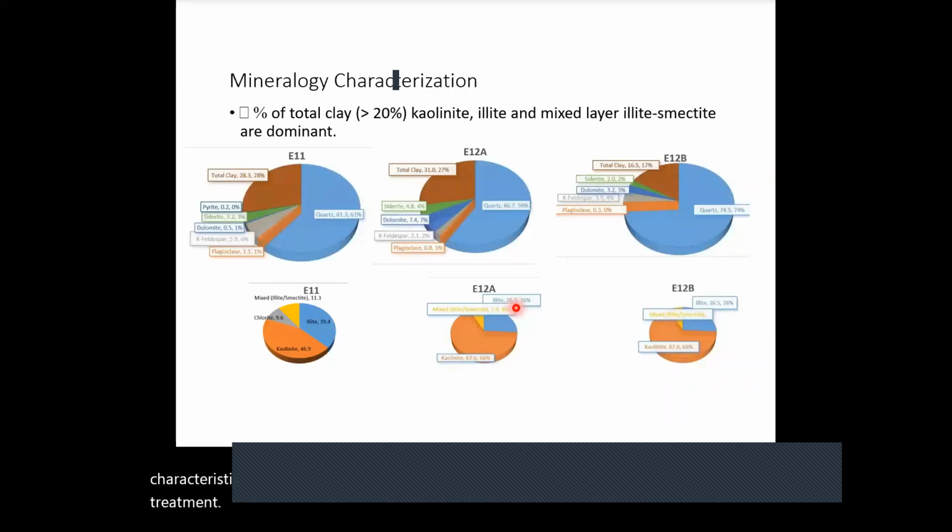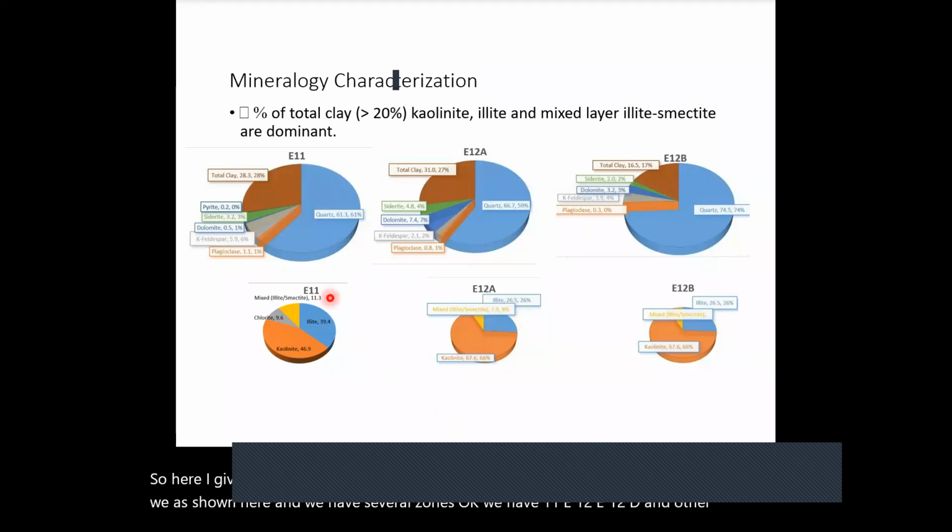Okay, so here I'm showing you the mineralogy of a sandstone reservoir. This is a case study. As shown here, we have several zones: E11, E12, E12B, and others.